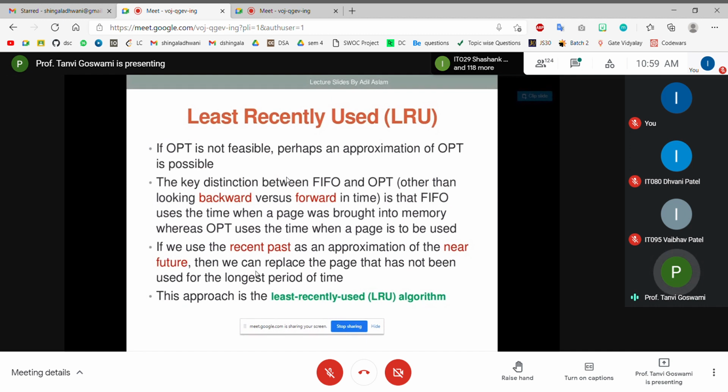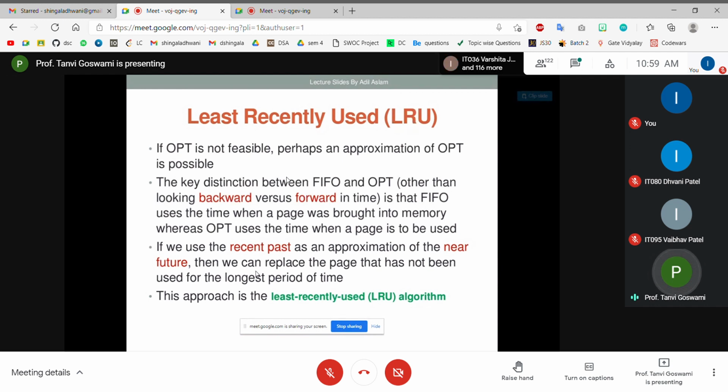Probably we have a branch instruction, a jump kind of instruction, a subroutine call and return kind of instruction. So the sequence cannot be predicted correctly, right? So this algorithm is basically used for comparison with other algorithms, but practically we cannot implement it.